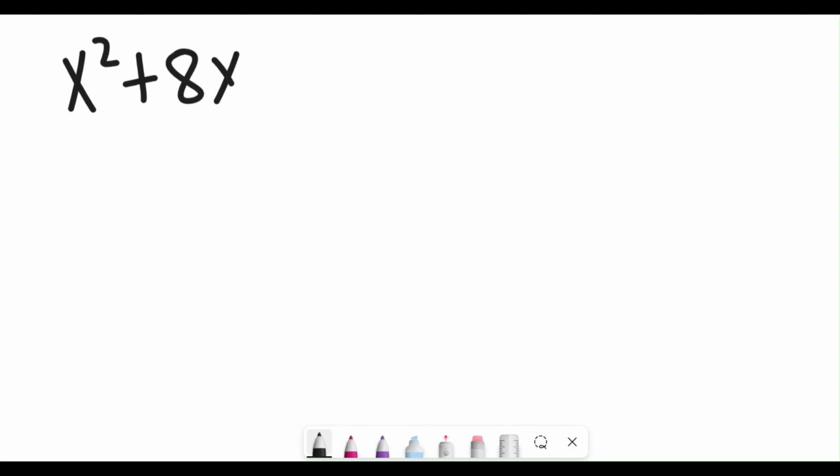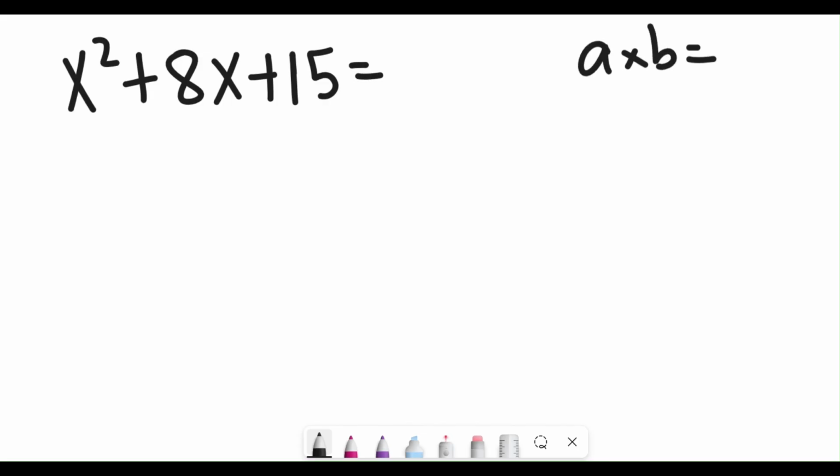So the same question but the longer way. It's very important that we know how to do it by expanding the middle term. So x squared plus 8x plus 15. Again, we ask the two numbers that we multiply to get 15, and if you add them, you will get 8.